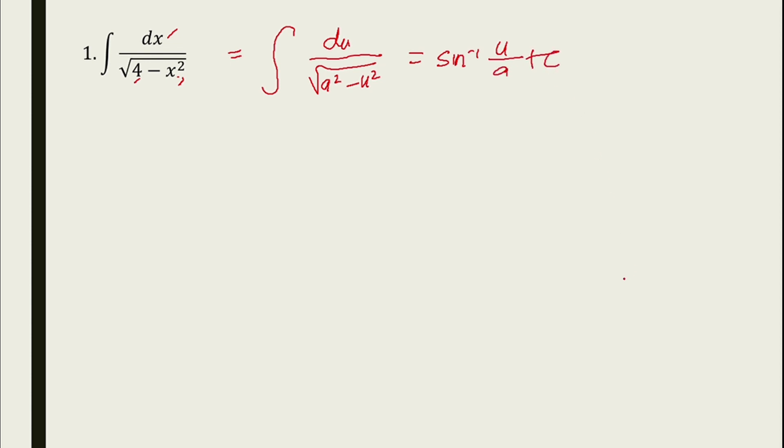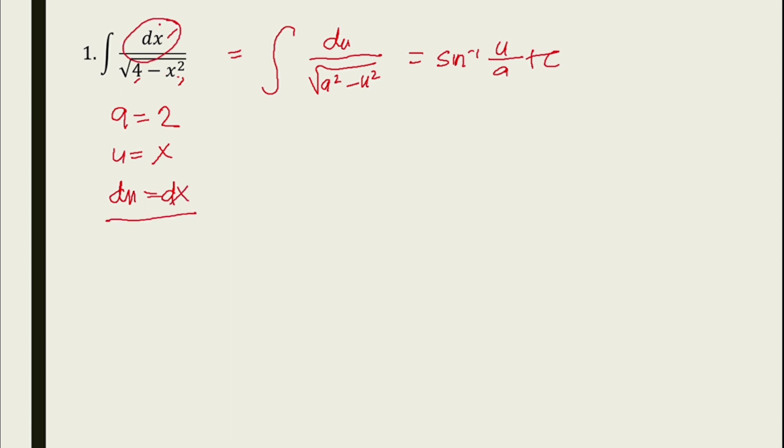The first thing that we're going to do is find the value for a. The value for a is, of course, because this is a square, 2. And what is the value for u? u is equal to x. So therefore we have now the a and u, and we don't have a neutralizing factor this time, because du is equal to dx.